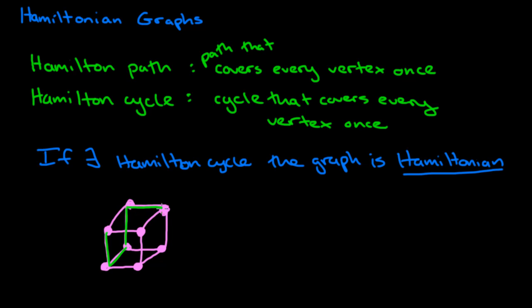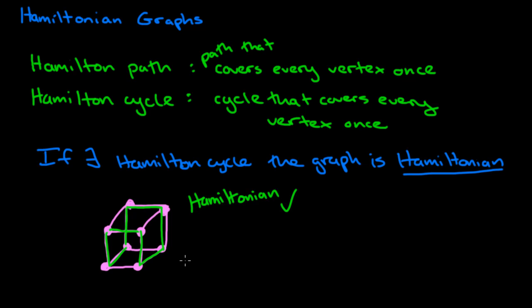Now let's use this one, down again, use this edge, come back up and across, and hopefully it's clear. You can see that we've hit all of the vertices. 1, 2, 3, 4, 5, 6, 7, and 8. So this was a Hamilton cycle, so the graph is Hamiltonian.